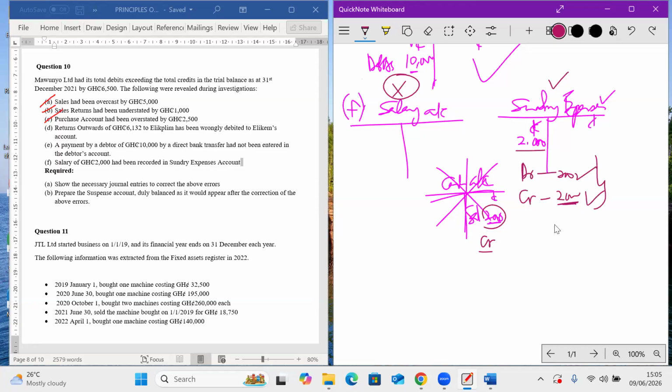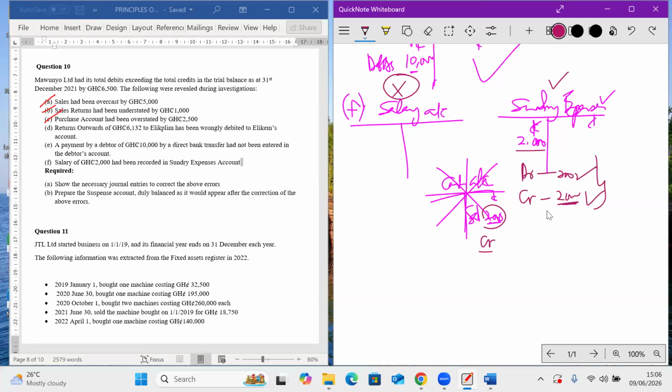If so, it does not affect. Though it's an error, it does not affect. This is called error of principle.